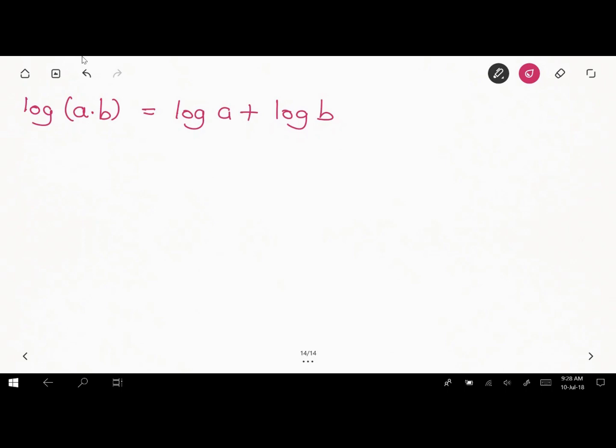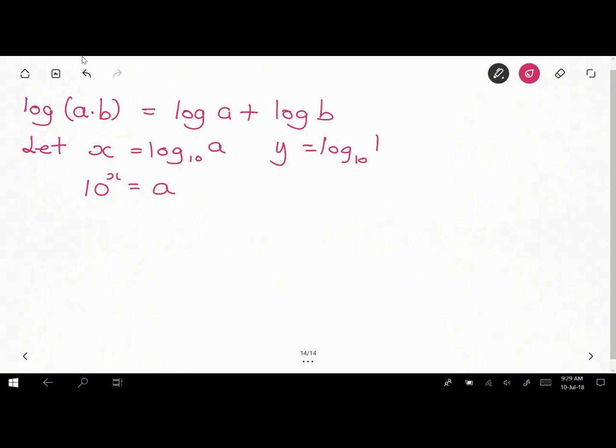This is important: we can let x equal log 10 a, which means that 10 to the power x is equal to a, and we let y equal log 10 b, which means that 10 to the power y is equal to b.